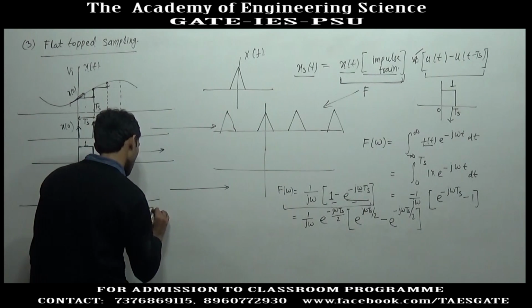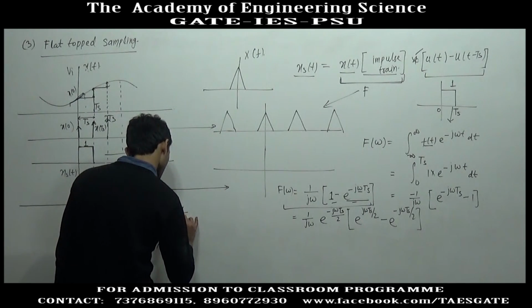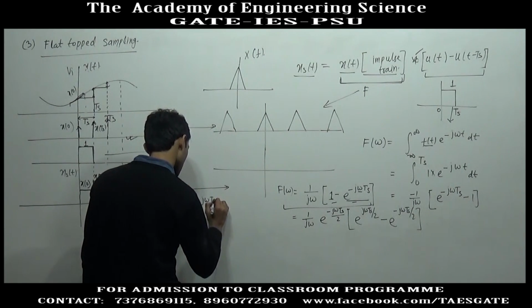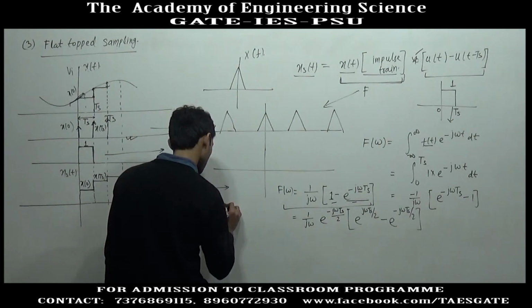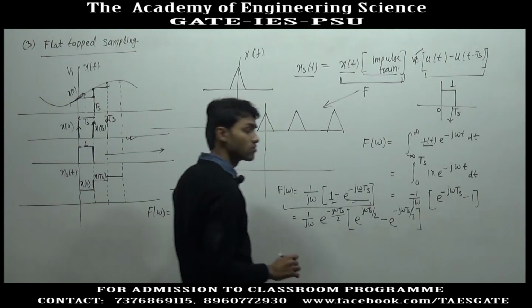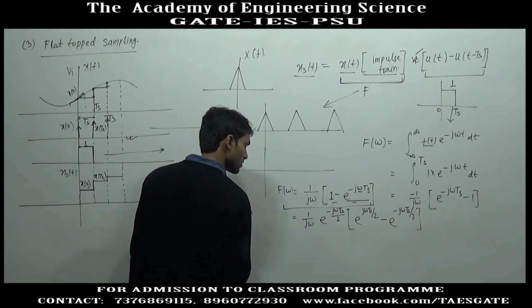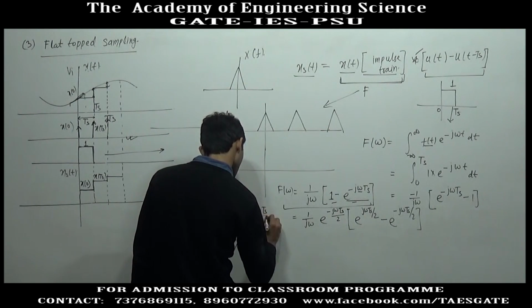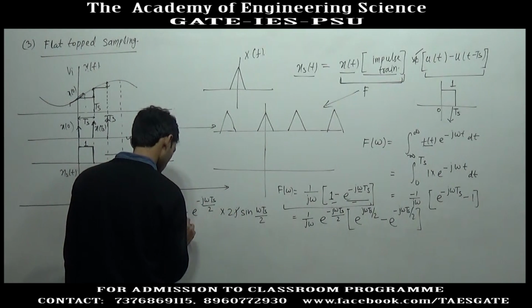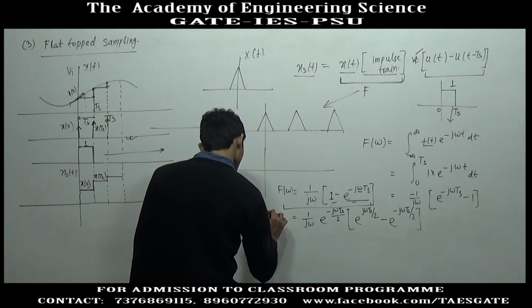So, we will get F(omega) equal to 1 by j omega, e to the power minus j omega Ts by 2, into e to the power j theta minus e to the power minus j theta, which equals 2j sin theta, 2j sin omega Ts by 2. j and j are cancelled. This is theta.